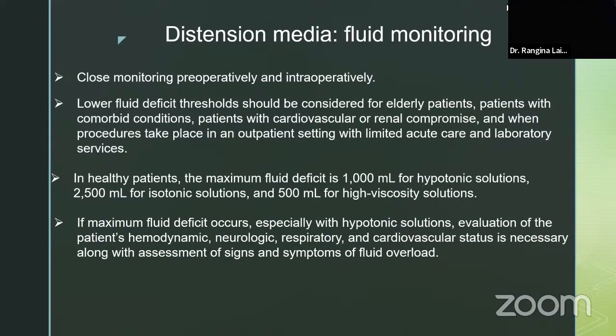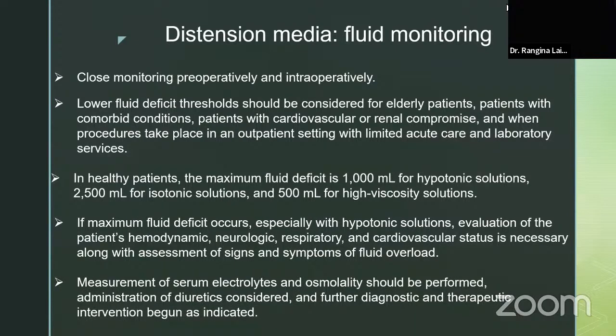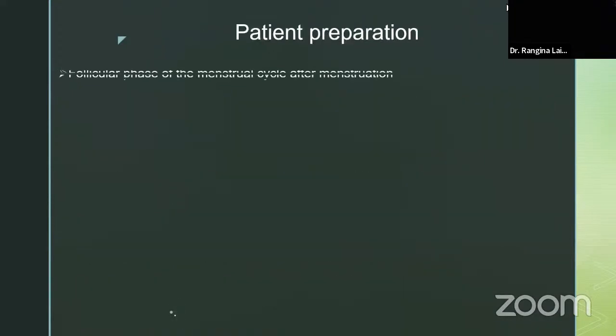As I've already said, we should be very careful with elderly patients and those with comorbid conditions. If there are symptoms of fluid overload, we should not hesitate to measure the serum electrolytes immediately and administer diuretics.